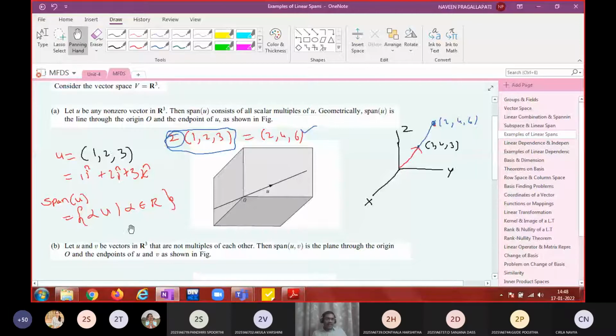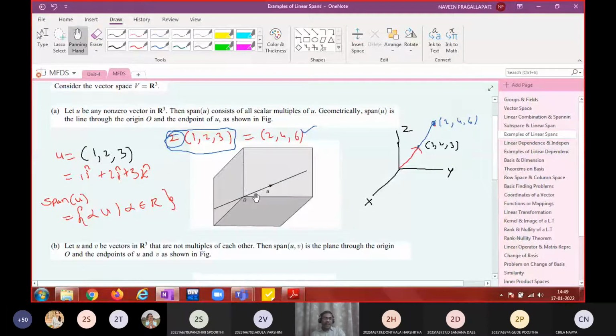And I said the set of all possible linear combinations is going to form a subspace of the original space. I know the set of all possible linear combinations is nothing but the set of vectors lying on the line passing through the origin. And do you agree that every subspace also contains the origin? Because 0 is an element of the space. So for every space, the zero element is also a part of the space.